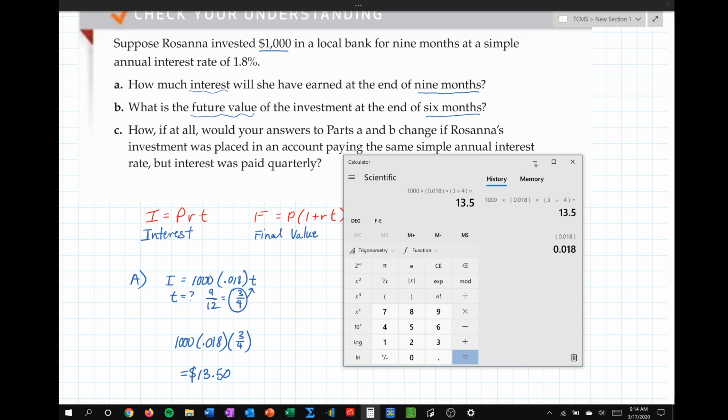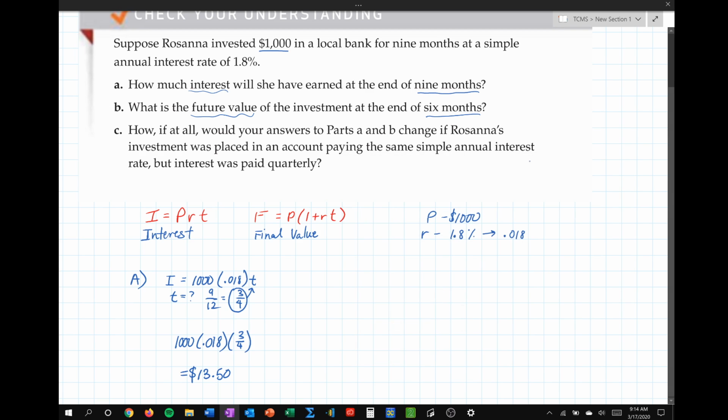Okay, let's move on and take a look at part B. For the final value, we have to use the other formula: F is equal to P times 1 plus the rate times the time. We're looking to find the future value of the investment at the end of 6 months. Again, very similar. We still have the same principal, $1,000.